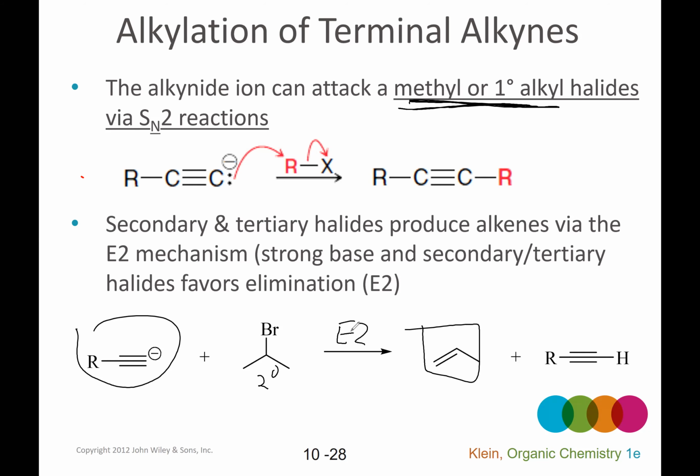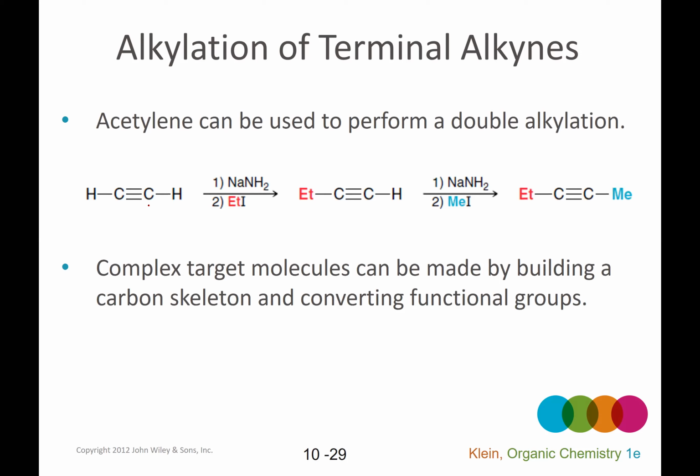So let me show you how you do it now. We start off with acetylene, and you want to add an ethyl group. You first deprotonate the alkyne with sodium amide. So the amide ion, right, we saw can take off the hydrogen, form the alkynide ion, right?